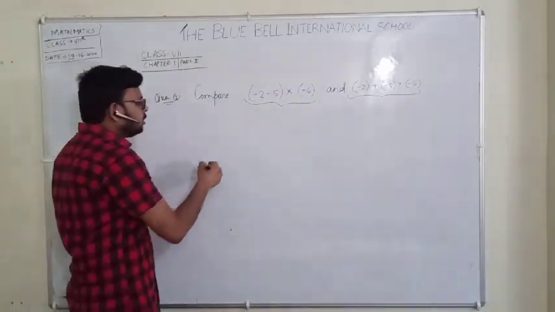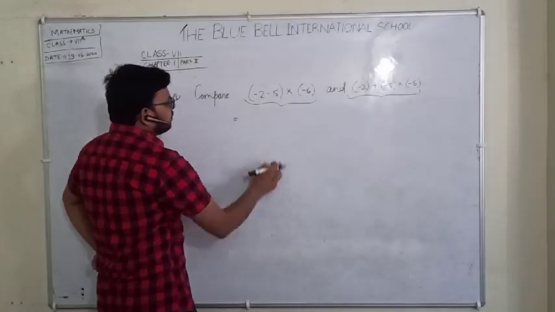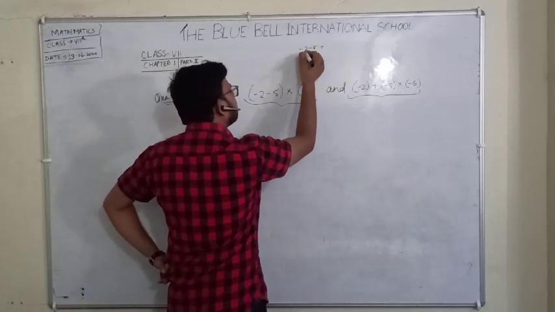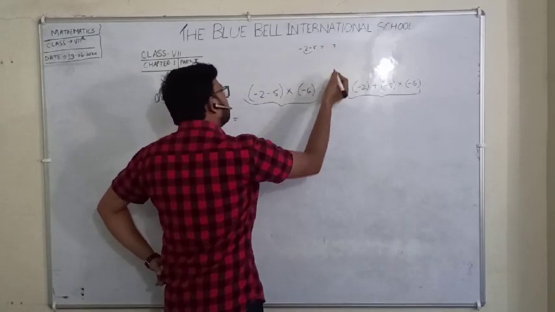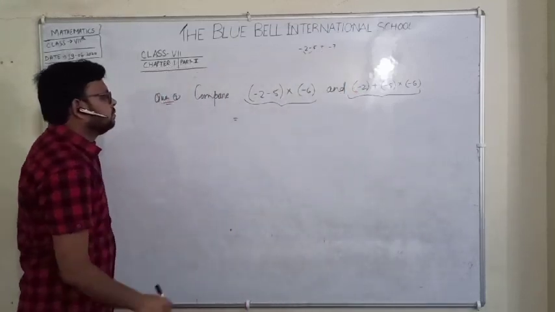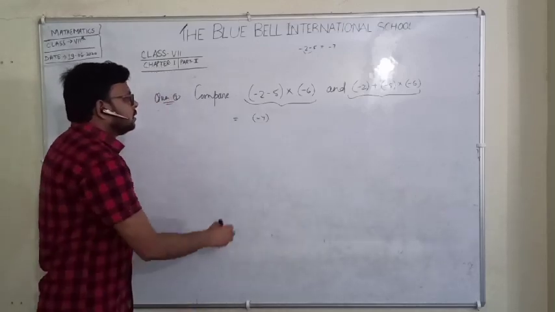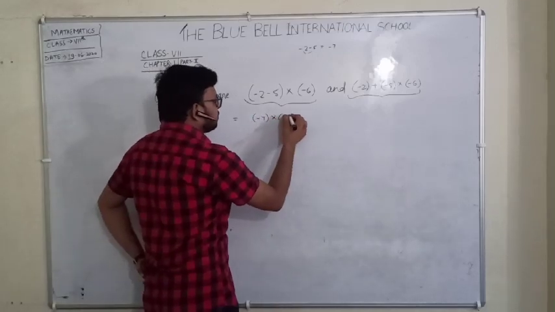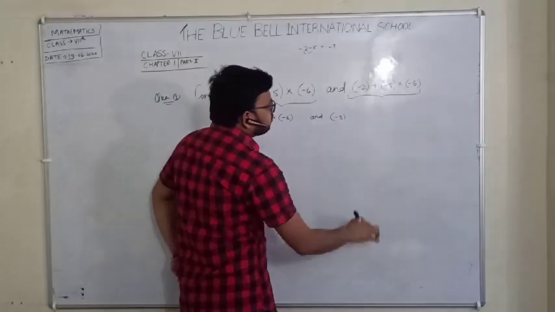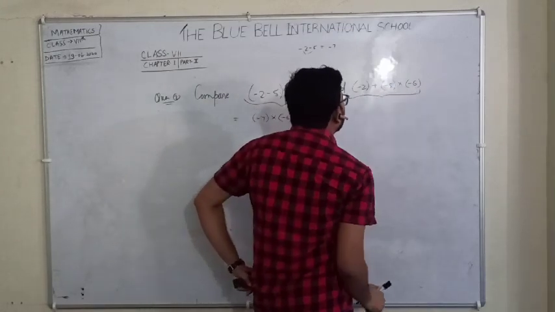Okay. Now look. First you have to solve this -2 -5. In the last class we studied same signs: -2 -5. Same sign we have to add, and the sign is the common sign. Negative negative then negative. So -2 -5 is nothing but -7, multiplied with -6, and -2 plus -5 into 6.